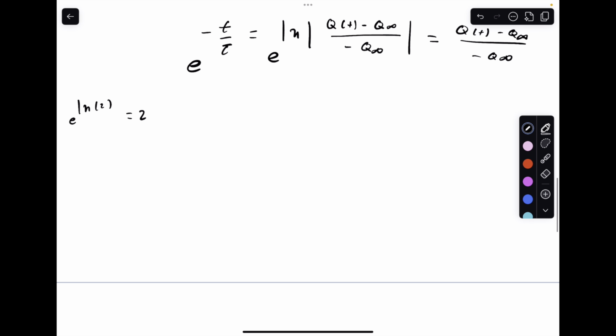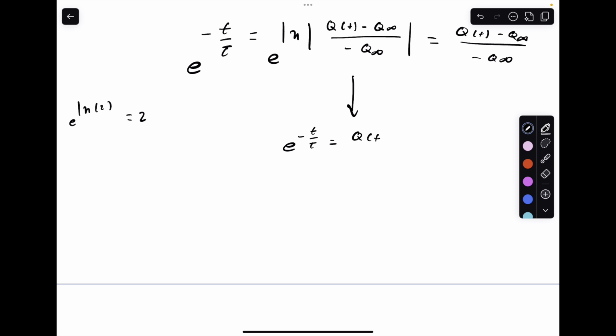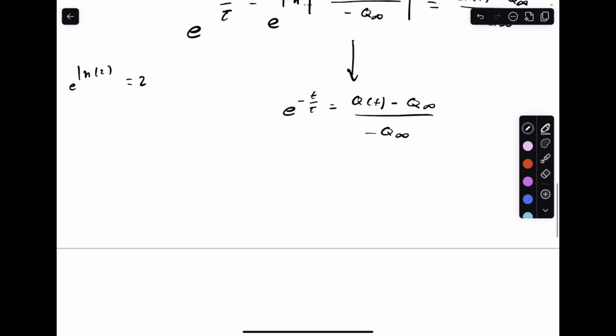And knowing that, I can just say that e to the negative t over tau is equal to q of t minus q infinity divided by negative q infinity. And now in order to isolate, I'm going to multiply both sides by negative q infinity.